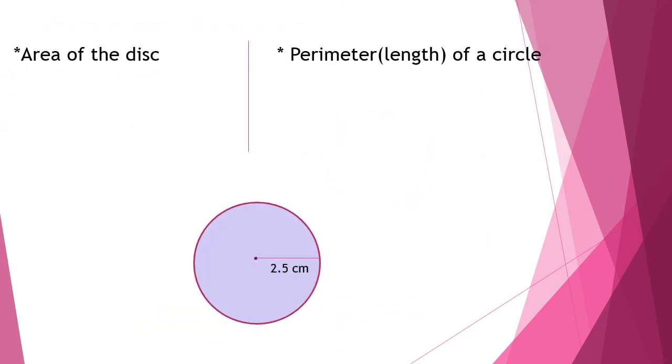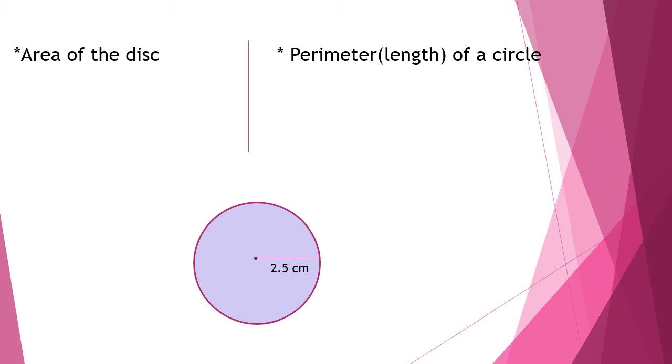The area of the disk and the perimeter or length of a circle. Here we have a circle of radius 2.5 centimeters, and we want to find the area of this disk and the perimeter of the circle.